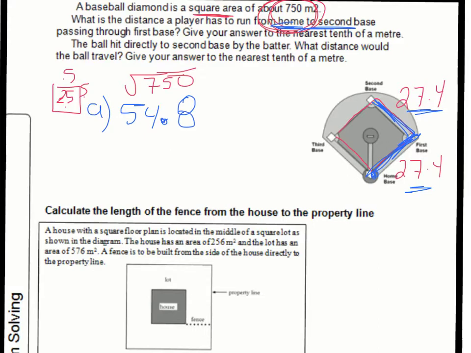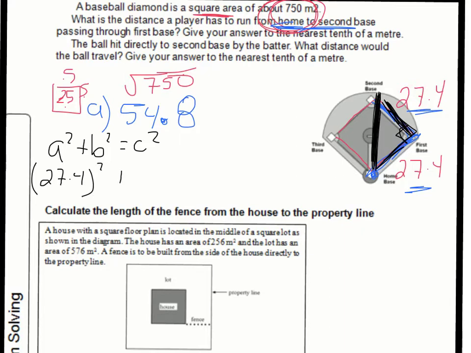The second part is, what happens if he hits the ball from home plate all the way to second base? Well, here's your right angle triangle, and we can use a squared plus b squared equals c squared. So this is 27.4 squared plus 27.4 squared equals c squared.